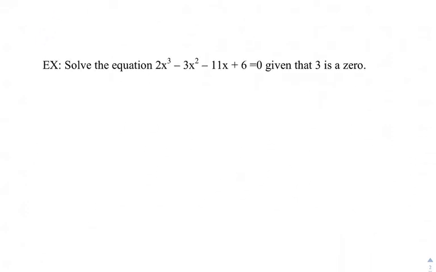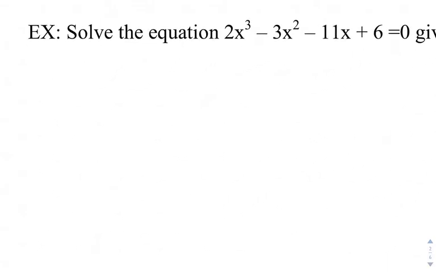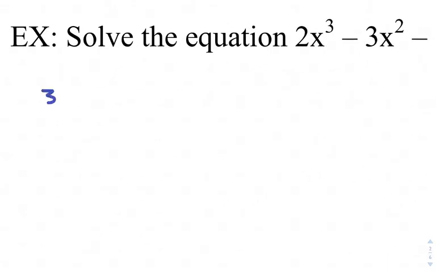So let's try one more example using the factor theorem. It says solve the equation 2x cubed minus 3x squared minus 11x plus 6, given that 3 is a 0. So because it's a 0, I can use 3 as my c.